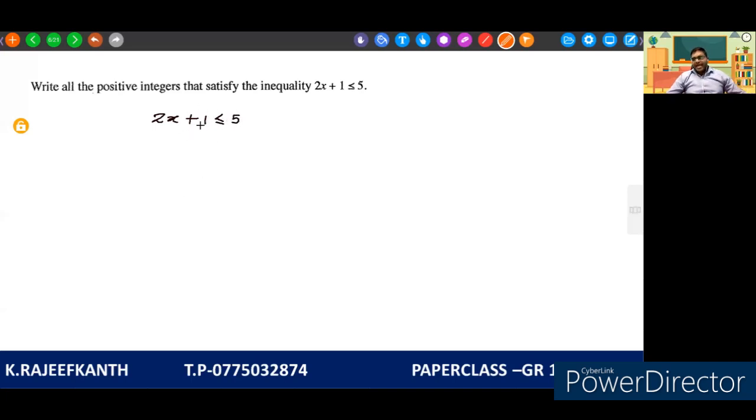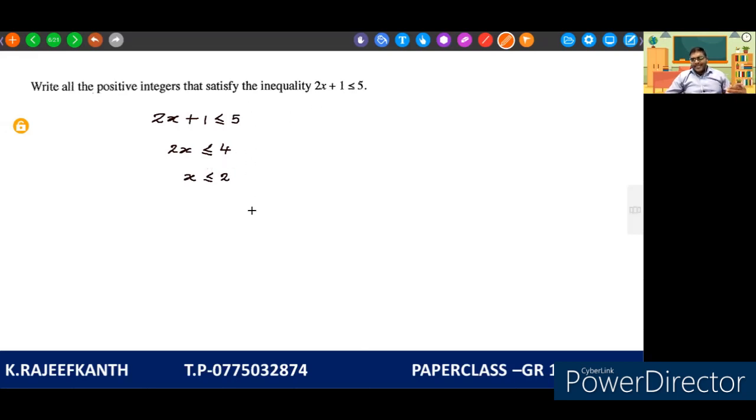First we have to subtract 1 from both sides. So 2x less than or equal to 5 minus 1, which is 4. Right? Now we have to divide by 2 on both sides of this inequality. Then x less than or equal to 2.